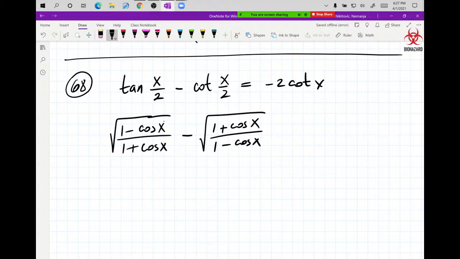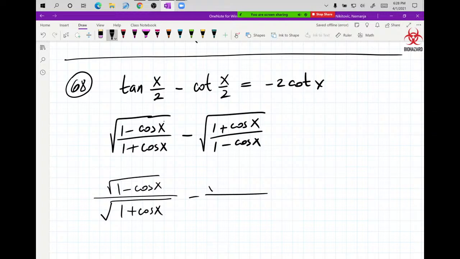So what should we do with the left side? Well, first of all, in order for you to find the common denominator here, you need to separate the square roots. Square root of 1 minus cosine x over square root of 1 plus cosine x. So each one of these gets its own square root. That's a basic algebra rule. We're not doing anything special there.